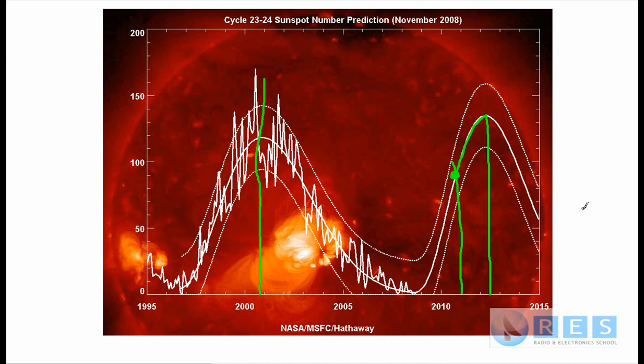That's the 11-year sunspot cycle, and that's the primary contributing factor to the amount of ionisation that our sun does to our ionosphere.